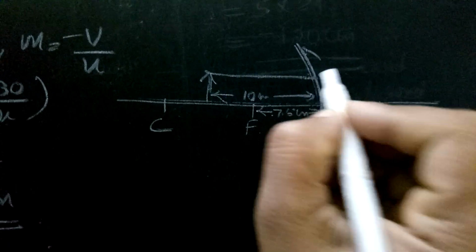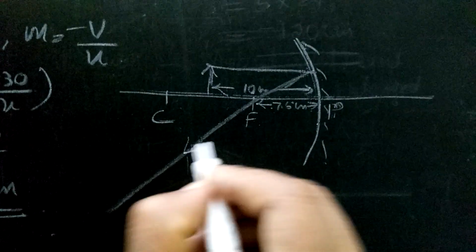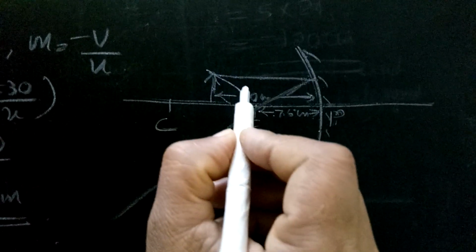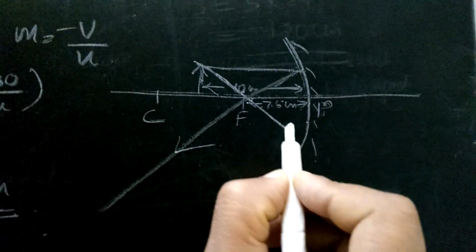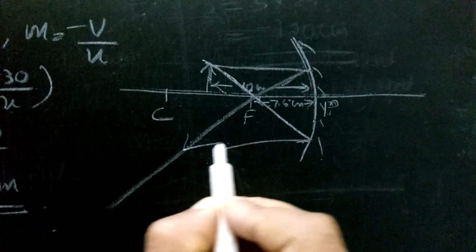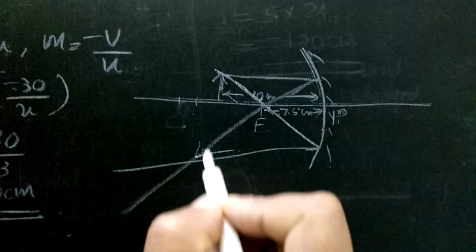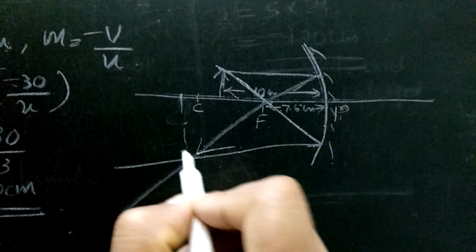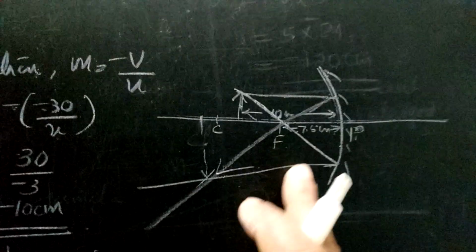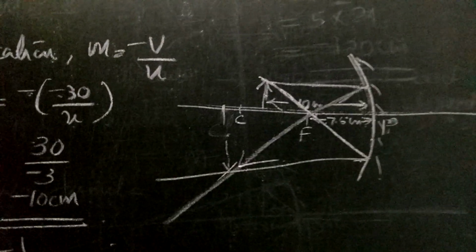Then a parallel light ray after reflection passes through the principal focus, and a light ray passing through the focus after reflection goes parallel to the principal axis. So you should draw it rightly, and the image should be formed beyond C. Okay, so in the diagram you should take correct measurements and draw. Is it clear to you?